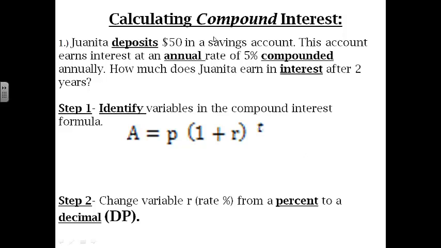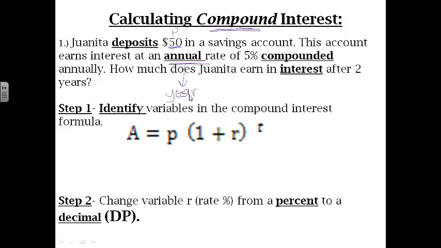Okay, so calculating compound interest. We've already done simple interest, so I'm just going to assume we got it because it's pretty easy. Compound interest is really easy. You just plug it in. So let's read our problem. Juanita deposits $50, so this is going to represent our principal, in a savings account. This account earns interest at an annual rate. What does annual mean? Good. It means yearly, what you make each year.